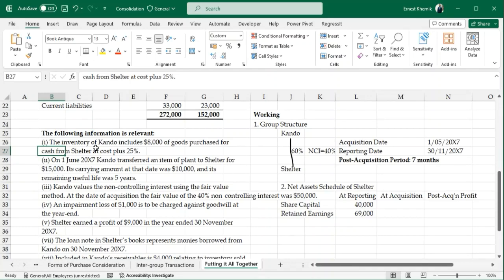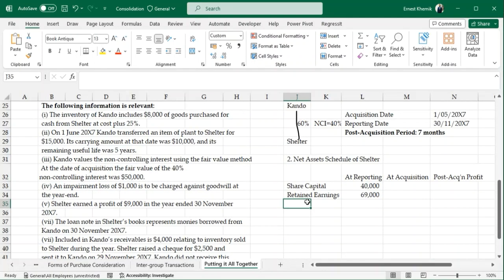So as I said in my previous video, whenever the seller is the subsidiary, we adjust for the unrealized profit within the net asset schedule, because that unrealized profit is going to affect the retained earnings of the subsidiary.